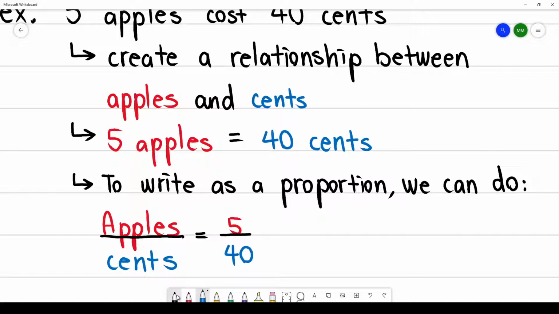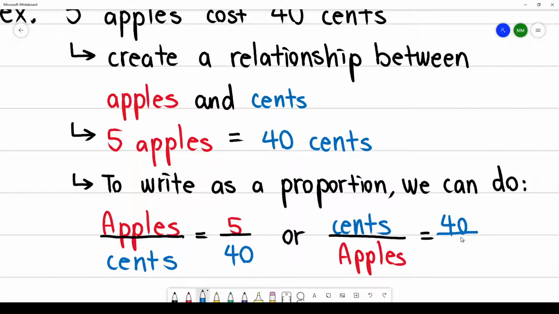Or we can say cents over apples is equal to 40 over 5.